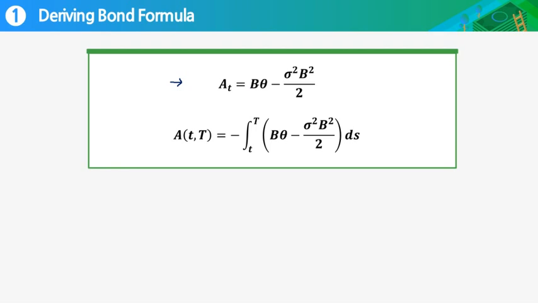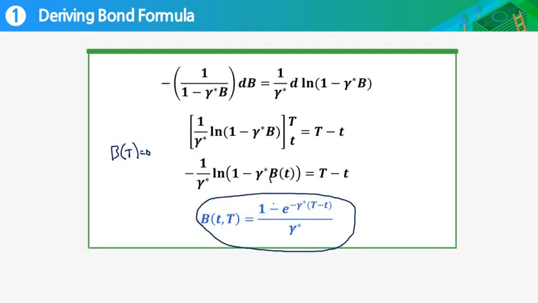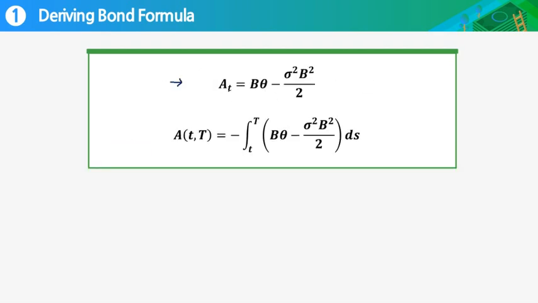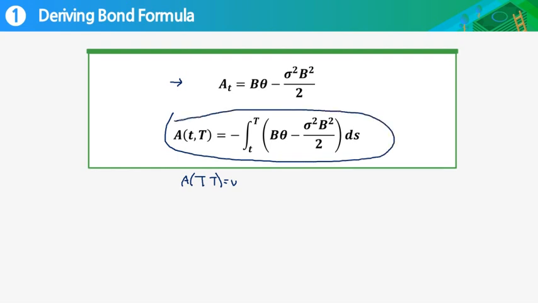We know B. So here, we plug this one over here, and for this one, we integrate from big T to small t. But because A_T is 0, we can only consider small t, big T, right? So we have a minus sign over here. So we have the equation for A, right? Here B is the B we already calculated. So now we get A and B.